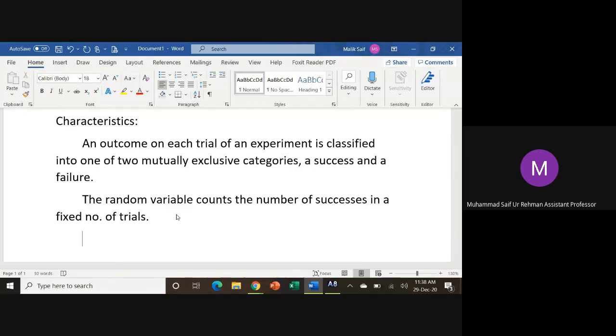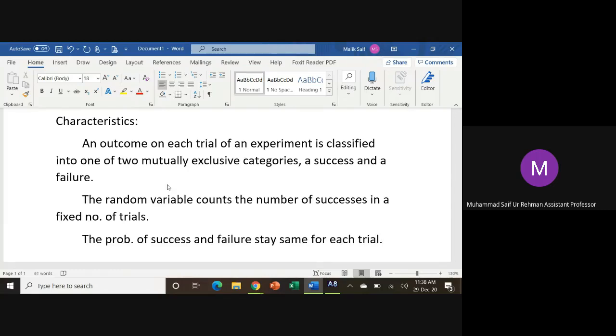Then the probability of success and failure stay the same for each trial.